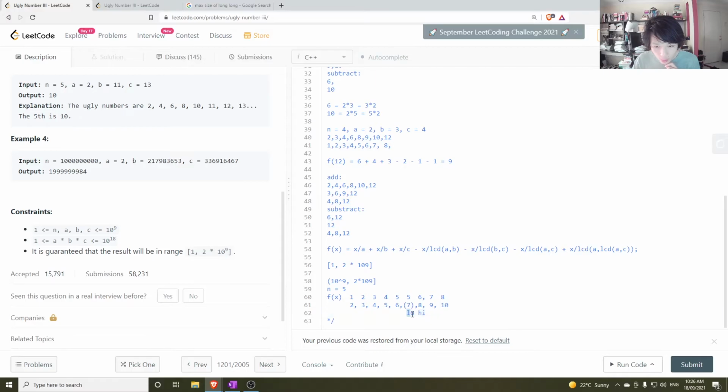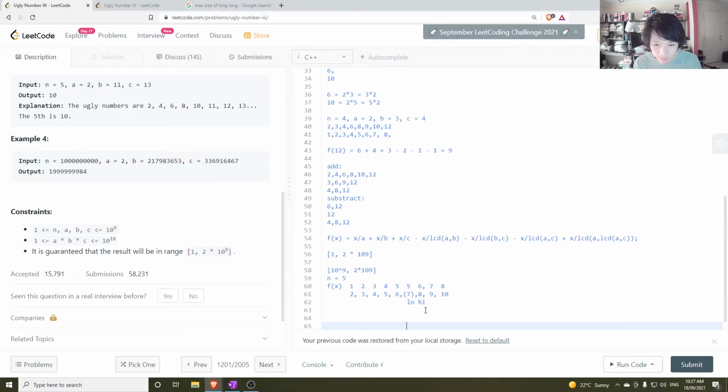if we make it so that the invariant is that low is less than or equal to the answer, and high is definitely greater than the answer. Will that work? If so, let me write that down.